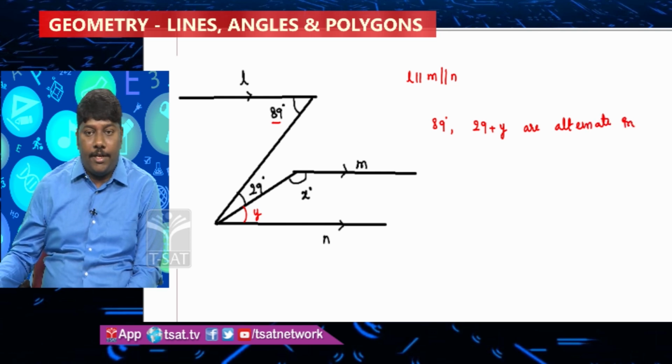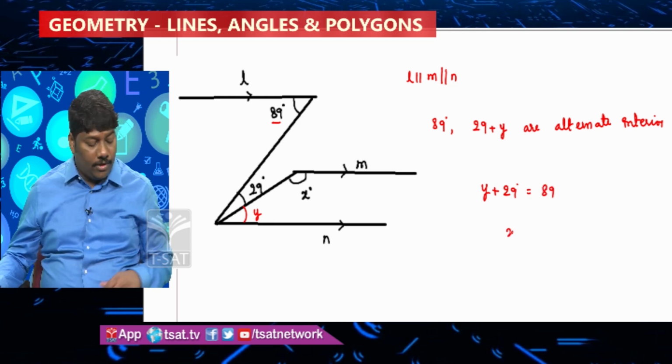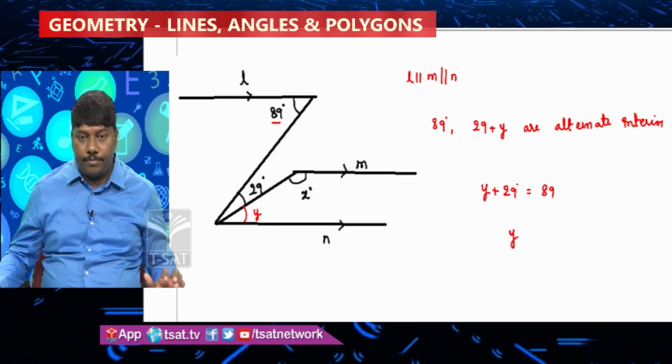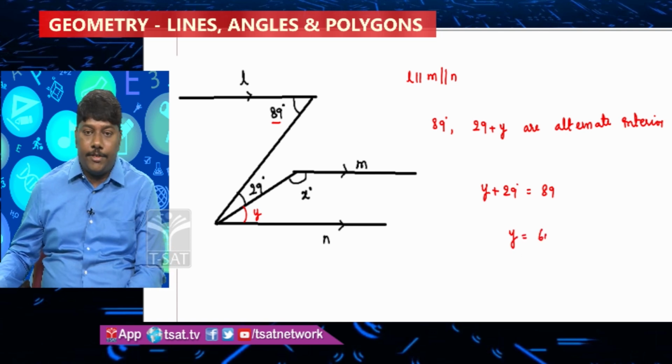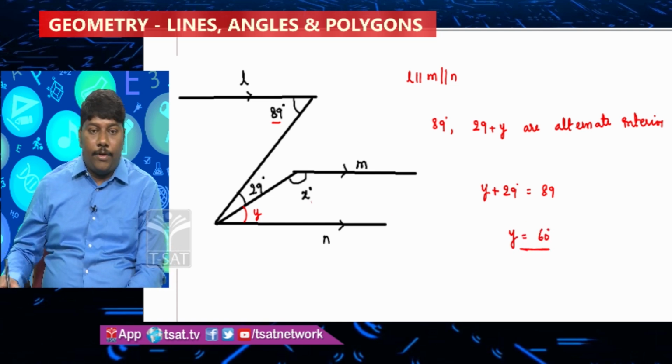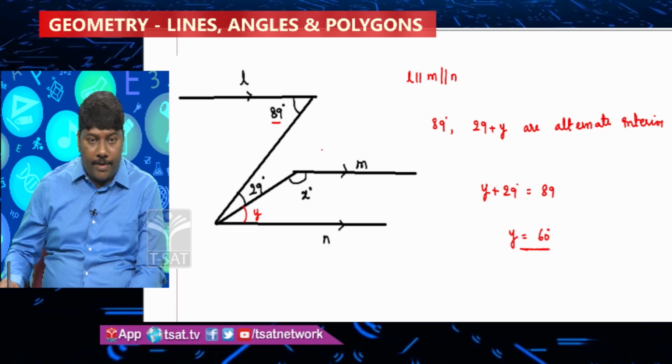When I say alternate interior, you can just identify them. So alternate interior angles are equal, therefore Y plus 29 degrees is equal to 89. Therefore Y is equal to 60 degrees.